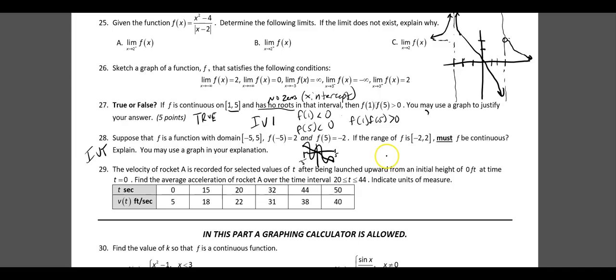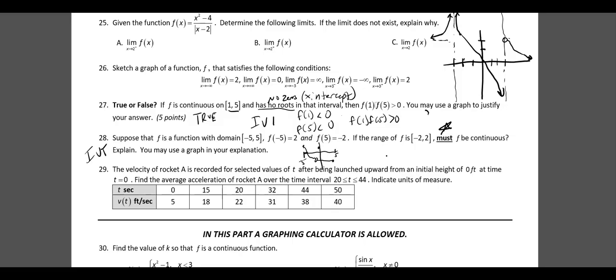here's the thing: it says it must be continuous. It could be continuous, but there also could be a jump right here, or a hole. So we don't have anything to tell us that it's continuous. It would be different if it said suppose that it was continuous, then the intermediate value theorem would apply.